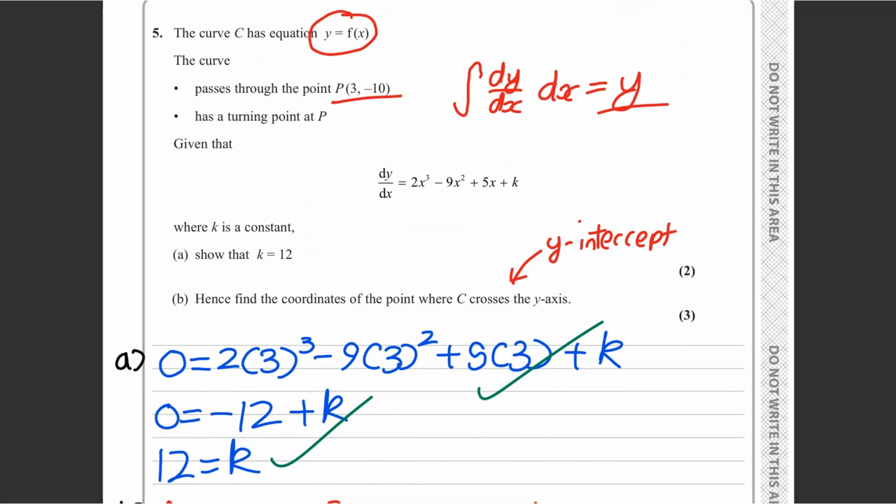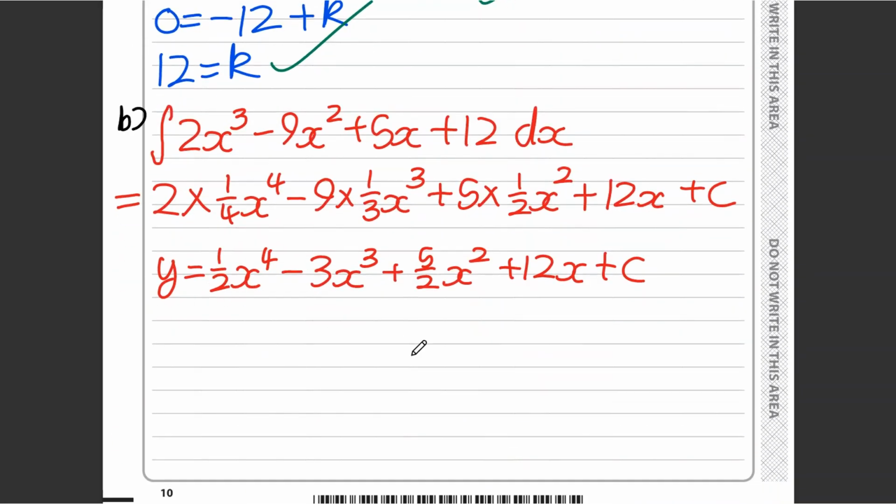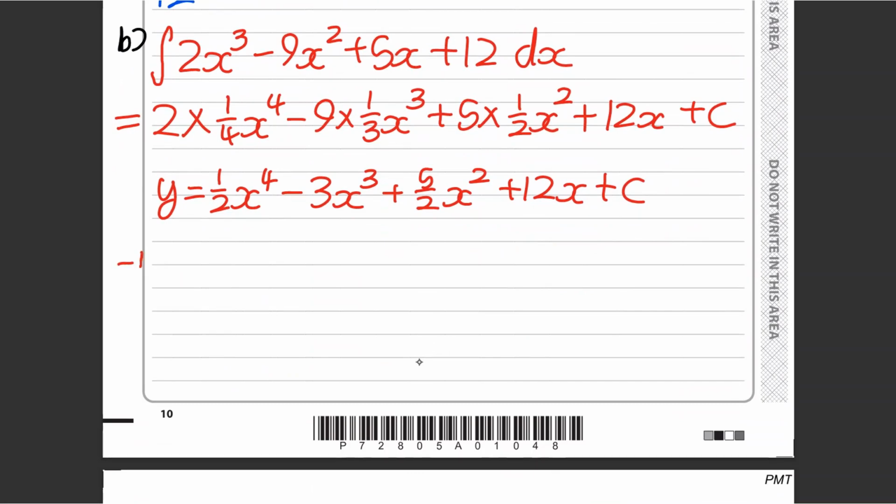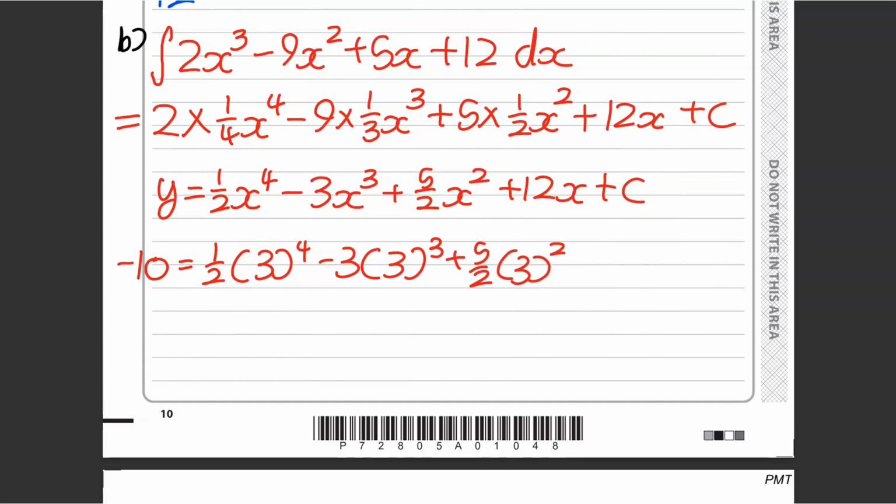We know that the point P is (3, minus 10). So we're going to sub this in, x is equal to 3 and y is equal to minus 10, into this equation here. So it's going to be minus 10 is equal to a half, and then this is 3 to the power of 4, minus 3 times 3 to the power of 3, plus 5 over 2 times 3 squared, plus 12 times 3, and then this plus c on the end, okay?